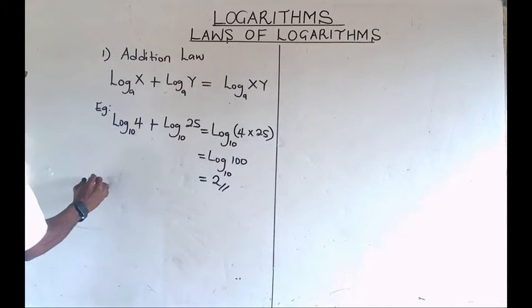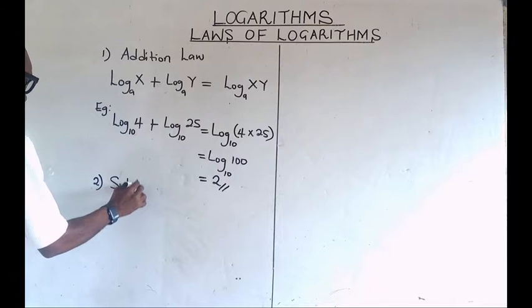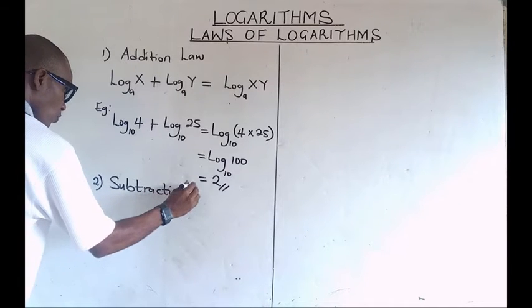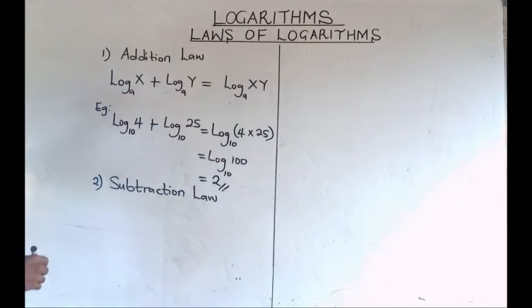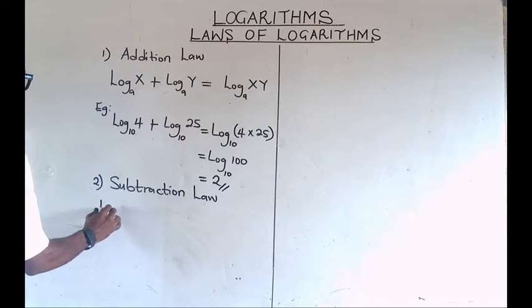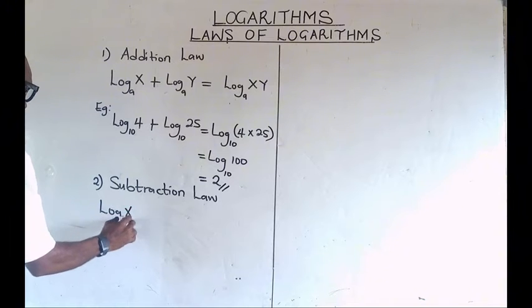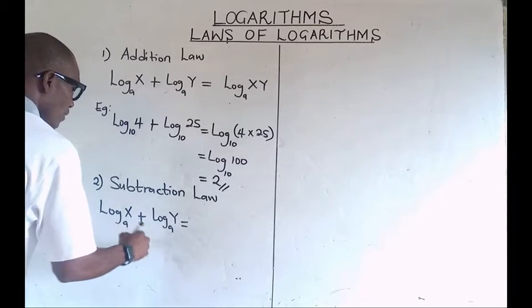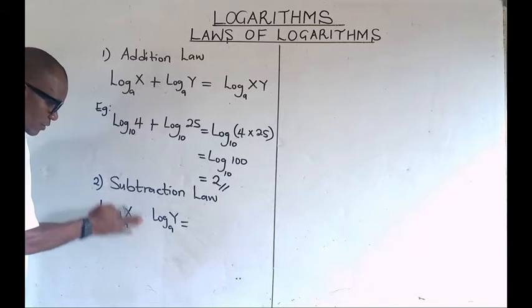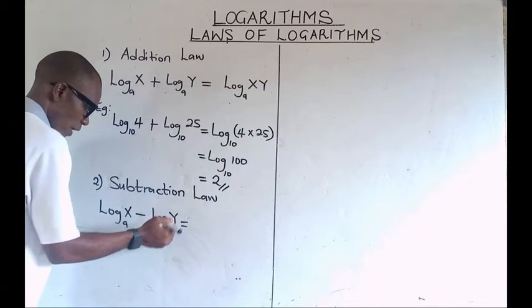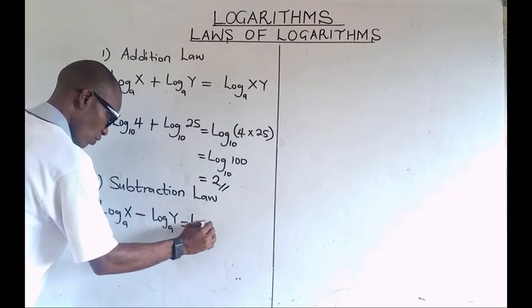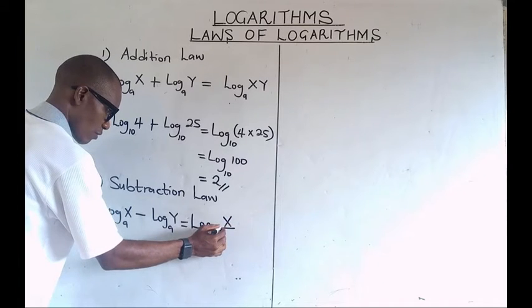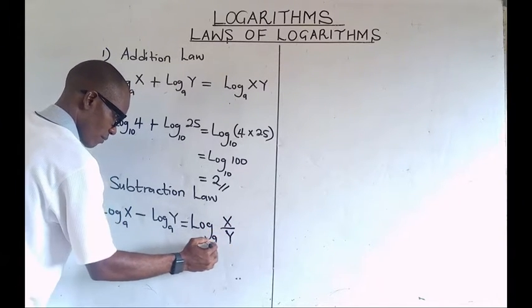We have the subtraction law. The subtraction law states that if you have a function log x base a minus log y base a, since they have the same base, the result will be log x all over y base a.